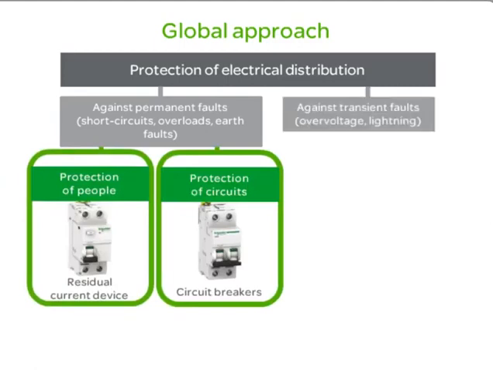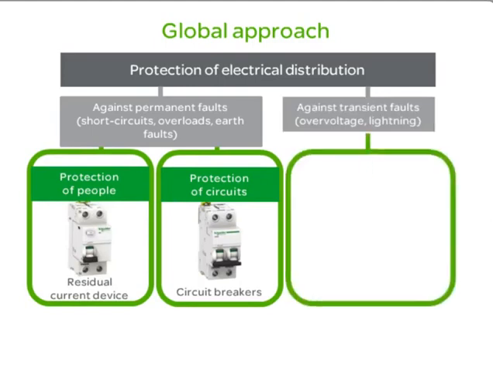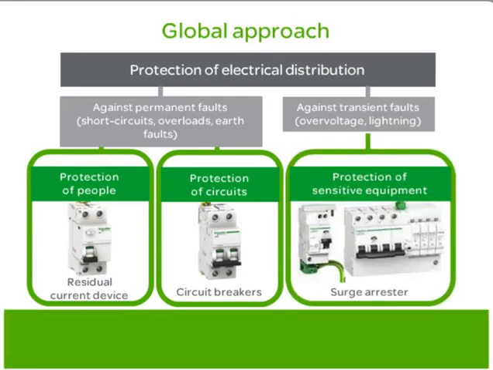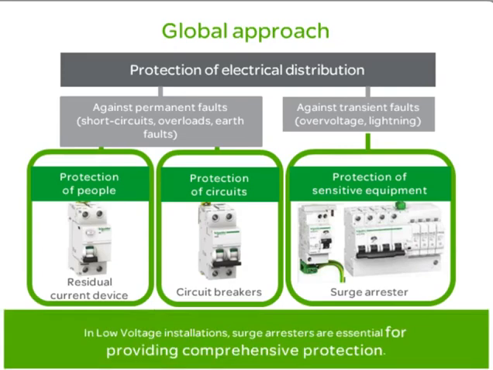Protection against transient faults, such as overvoltage caused by lightning, among other things, is used to protect sensitive equipment by surge arrestor functions. You will have understood by now that in low-voltage installations, surge arresters are essential in order to provide comprehensive protection.